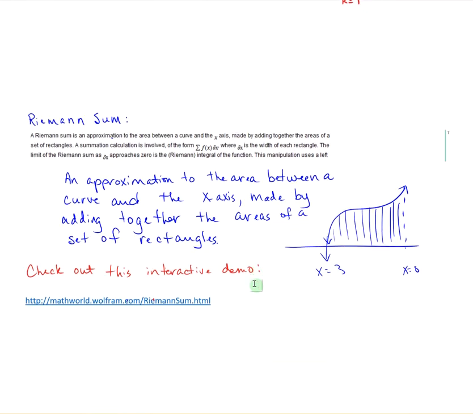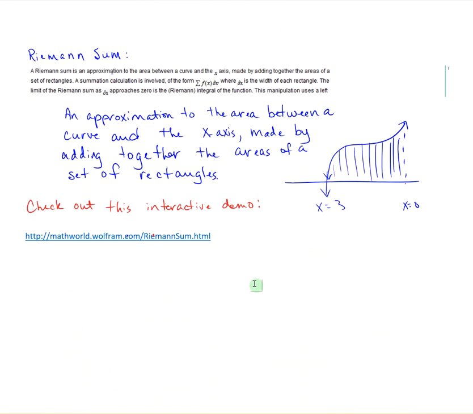Now, a Riemann sum is an approximation to the area between a curve and the x-axis made by adding together the areas of a set of rectangles. We talked about the idea of using rectangles and a limit as those rectangles went to infinity to get the sum.